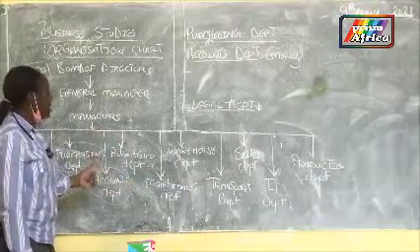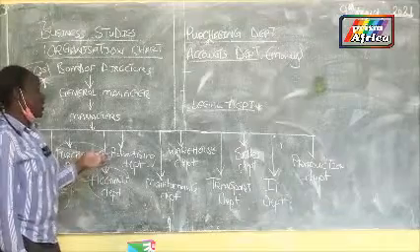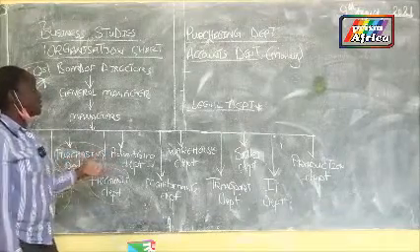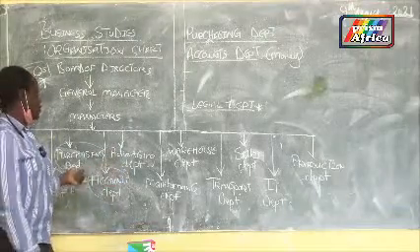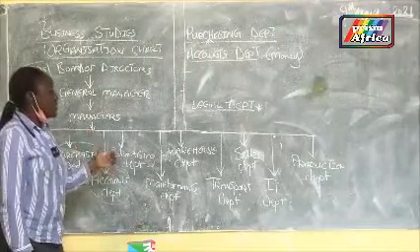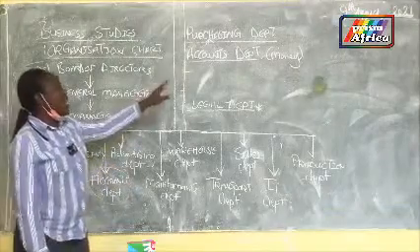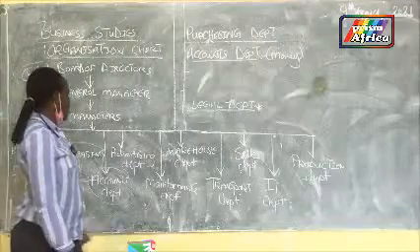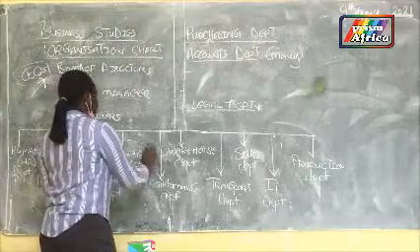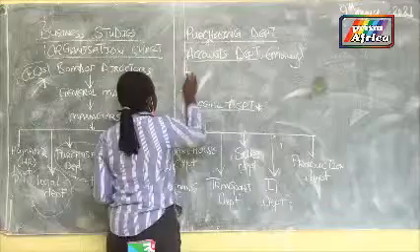So the accounts department is responsible for most of the activities, because for anything to take place, you need money to be involved. So any query that deals with finances is handled by the accounts department. And then we come to the advertising department.